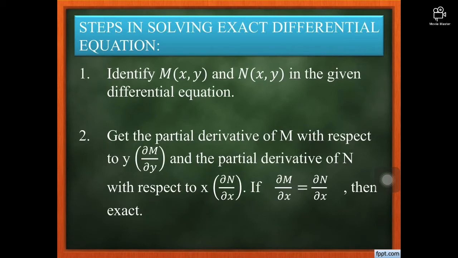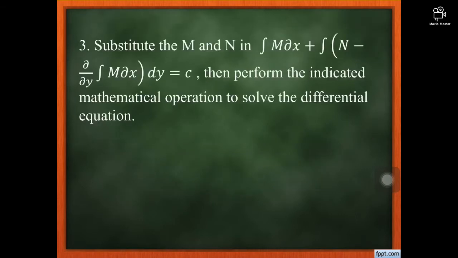If they are equal, then the differential equation is said to be an exact. Next, the last is to substitute our M and our N in this equation. Substituting, we can now perform the indicated mathematical operation to solve the differential equation.